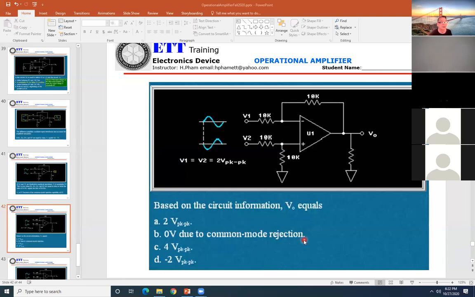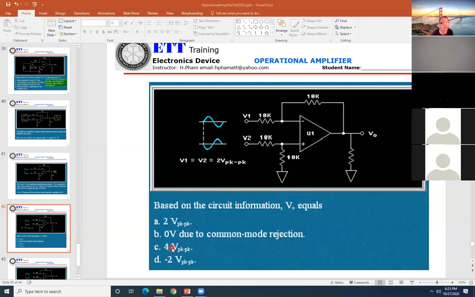So which one, A, B, C or D, is correct? Calculate and tell me. You say A. Anyone get a different answer? You say B, C. That means you say 4 volt.